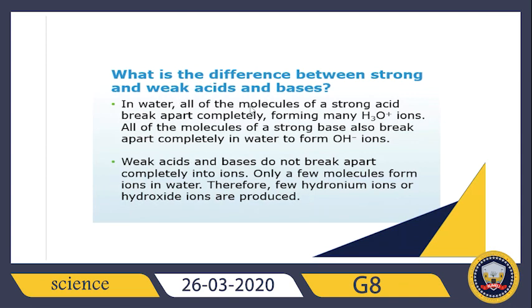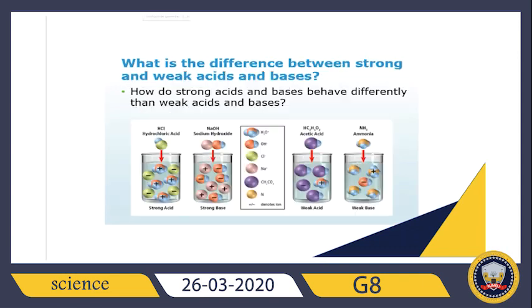All of the molecules of strong base break apart completely in water to form hydroxide ions. But weak bases will not break apart completely into ions. They will break apart partially, and they will result in the formation of few hydroxide ions.